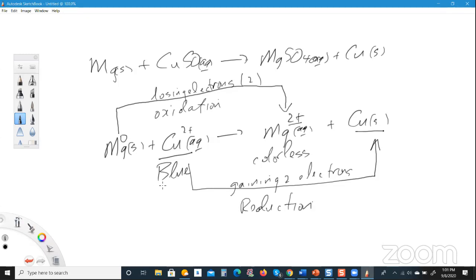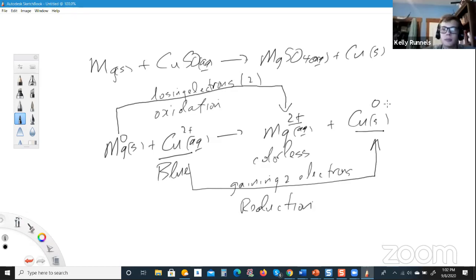Based on the definition of oxidation, magnesium is undergoing oxidation because it is losing electrons, and its oxidation number increases from 0 to +2. On the other hand, the copper 2+ gains 2 electrons to form the copper solid, so according to the definition of reduction, it is undergoing reduction because it gains 2 electrons and its oxidation number decreases from +2 to 0.